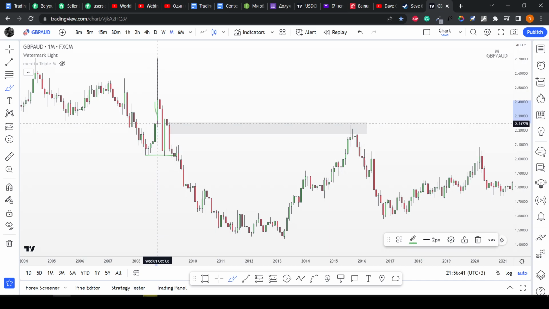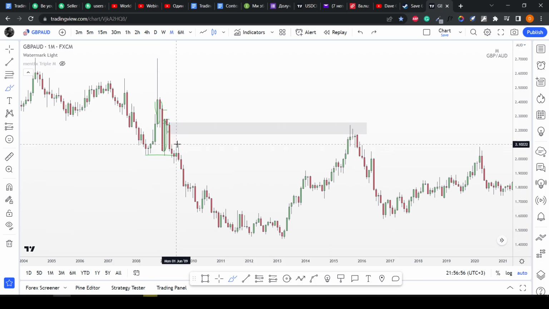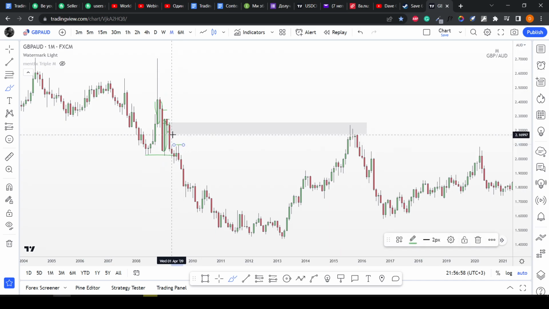It went up, down here, up, down again, mitigated here, mitigated this part, went down a bit, mitigated something here, and went down. And then from that point, we only had mitigations from these weeks, and then we started to fall.